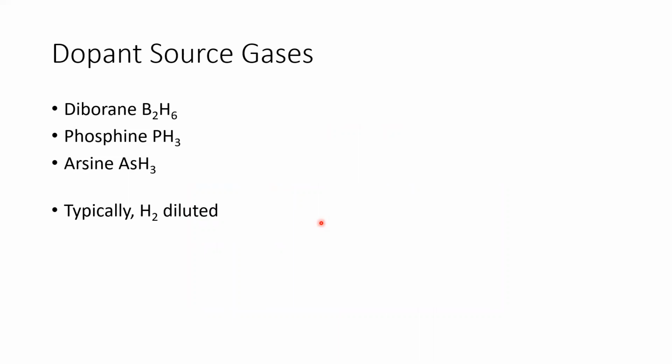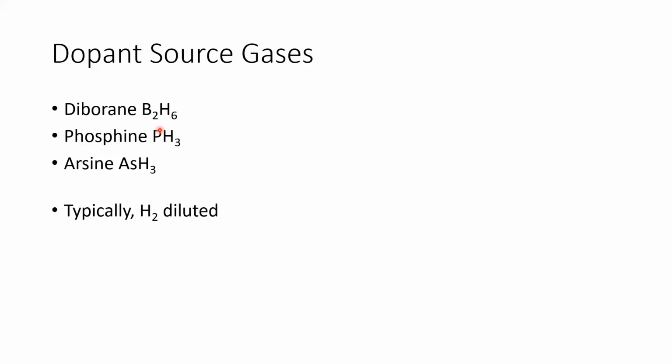For the epitaxial layer, we need to introduce a dopant to make it either N-type or P-type. So we need to introduce dopant source gases. Here we have a list of dopant source gases. If you want to introduce boron, we use diborane, B2H6, and make it a P-type material.